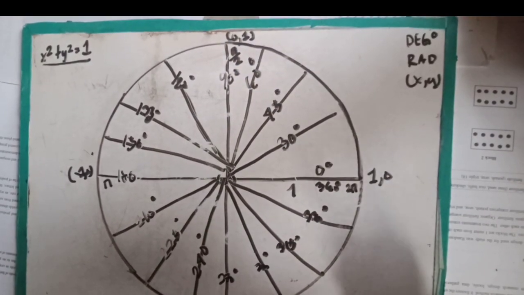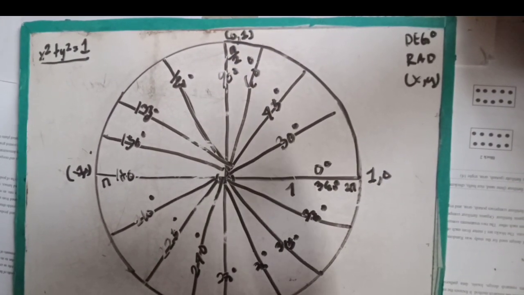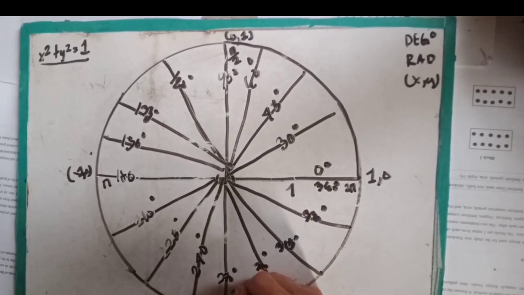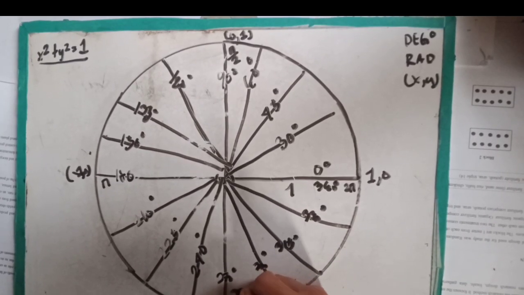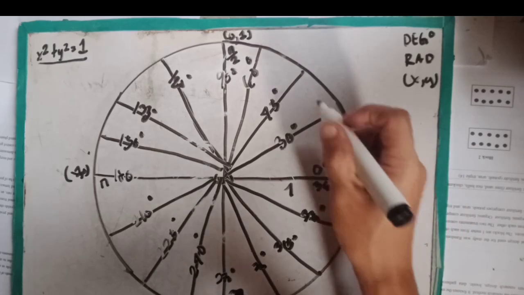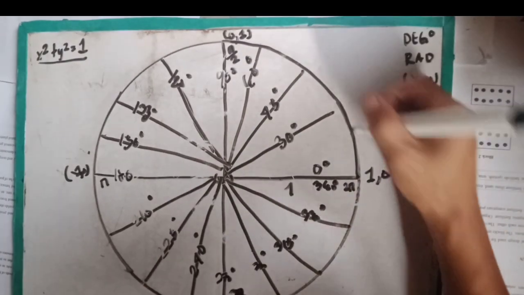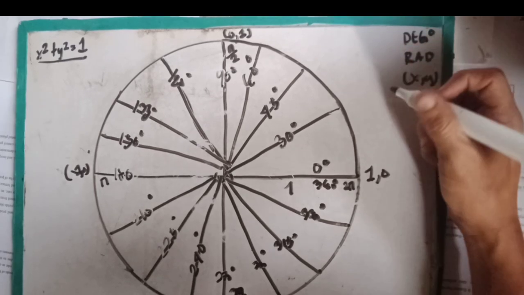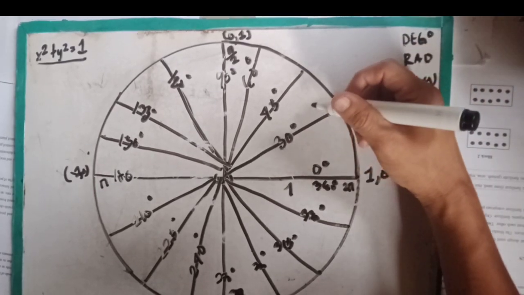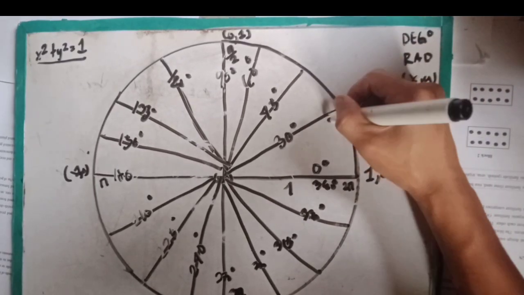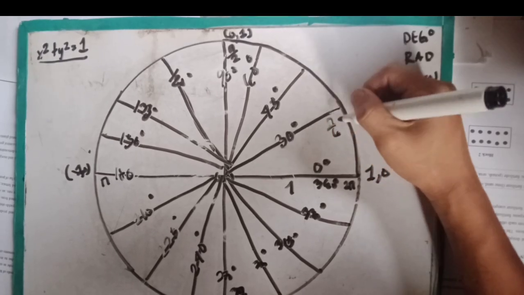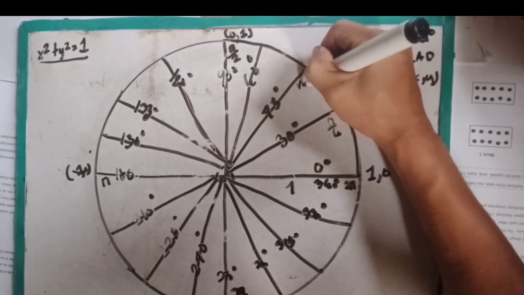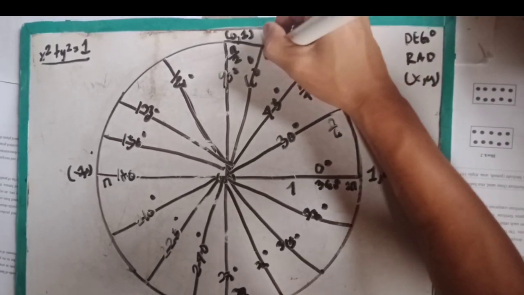And the center between pi and 2 pi is equal to 3 pi over 2. So after having those values in pi, we can now move to every corresponding angle. This 30 degrees is equal to pi over 6. Then right here is pi over 4. Then pi over 3.